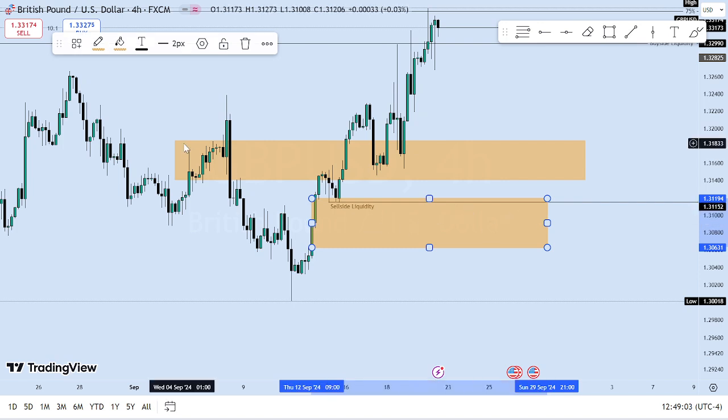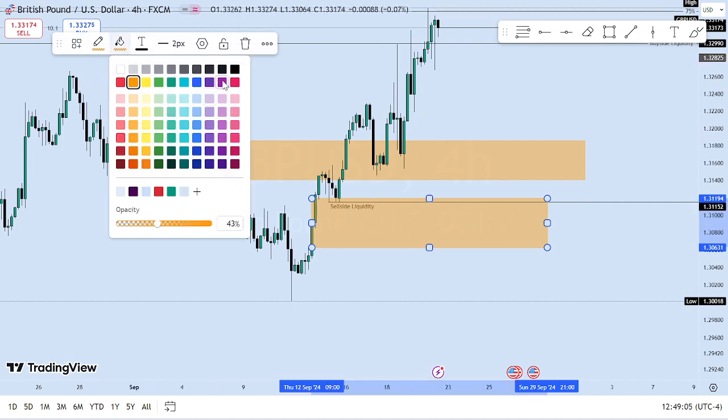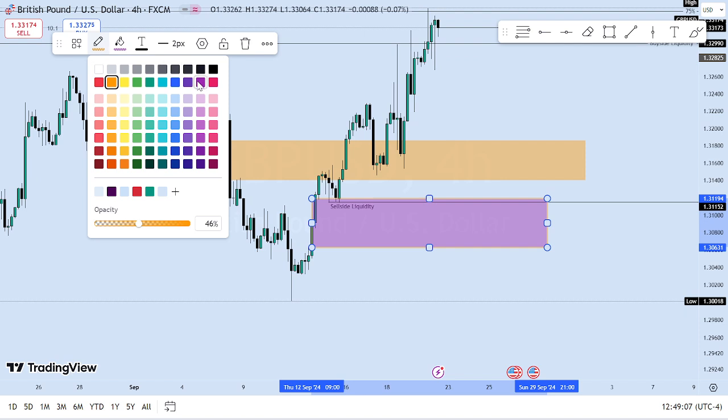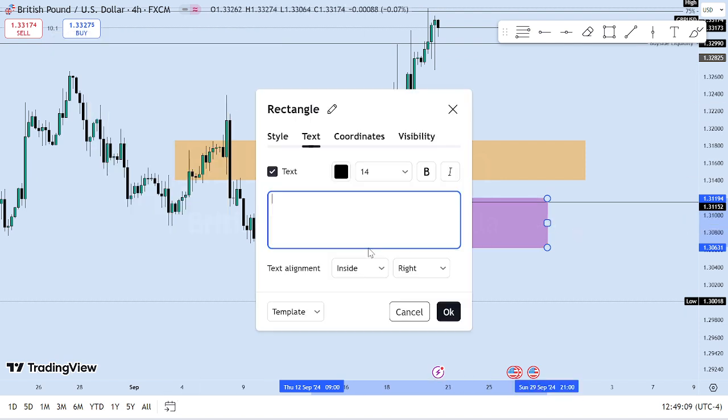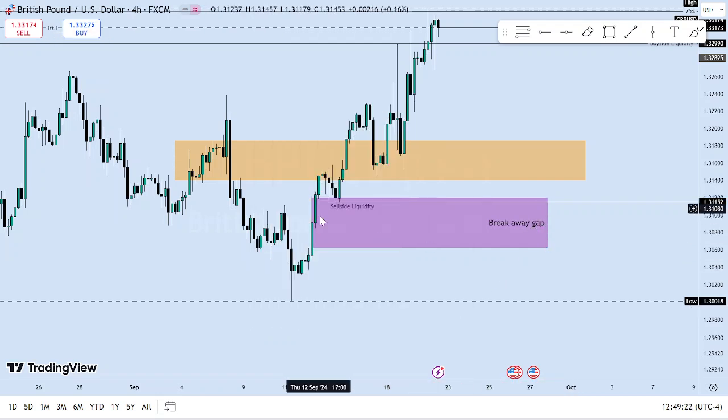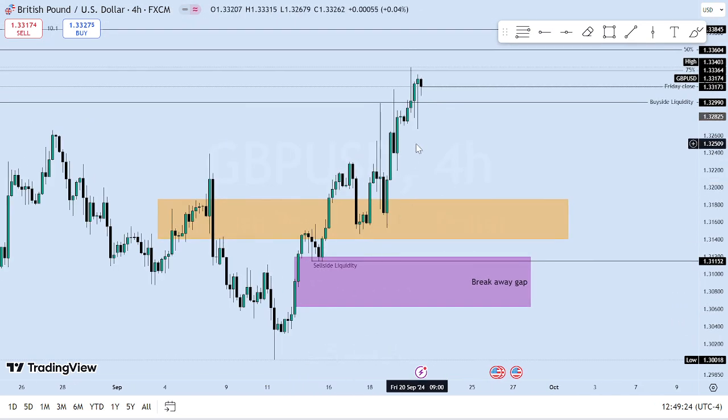It's a breakaway gap. So coming week, we are expecting price to come, deliver and fill it up.